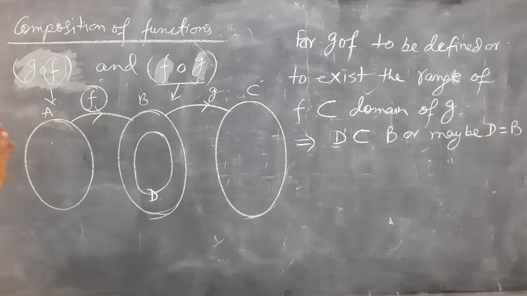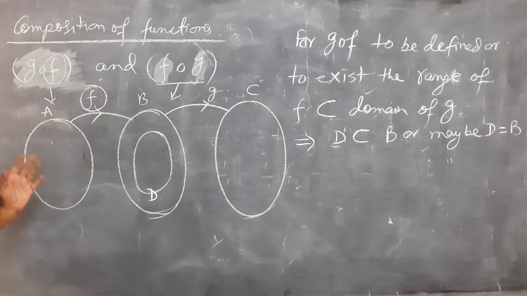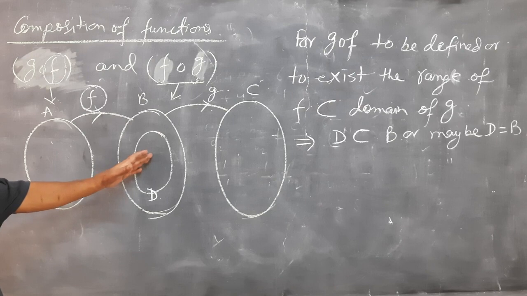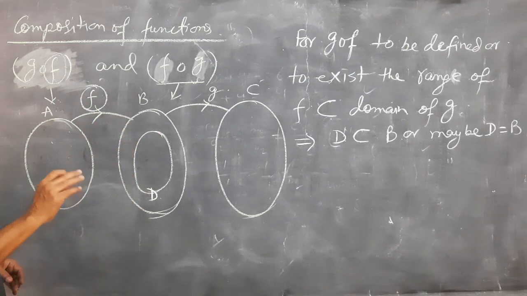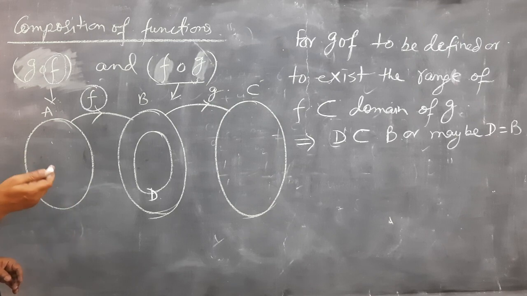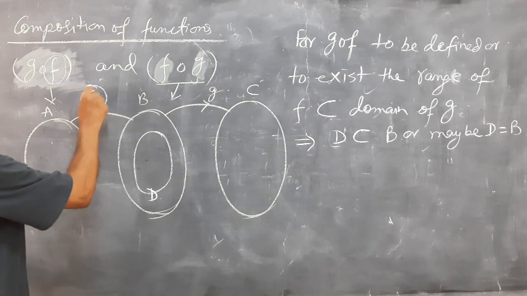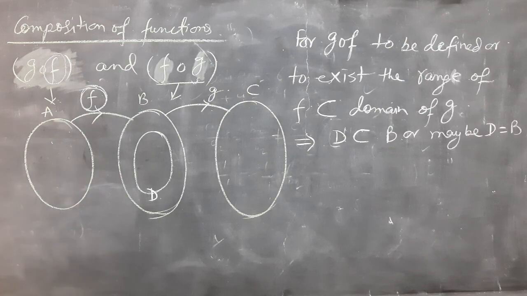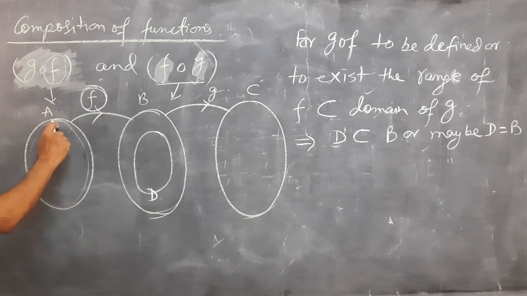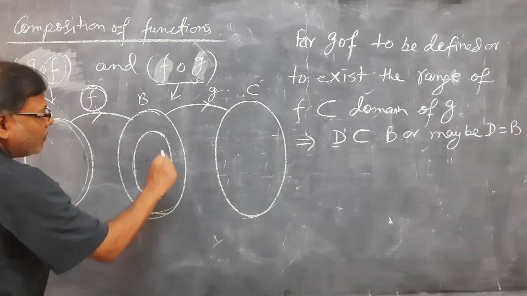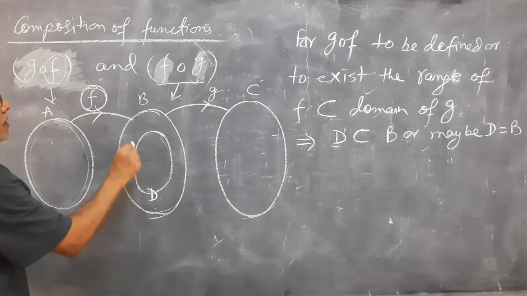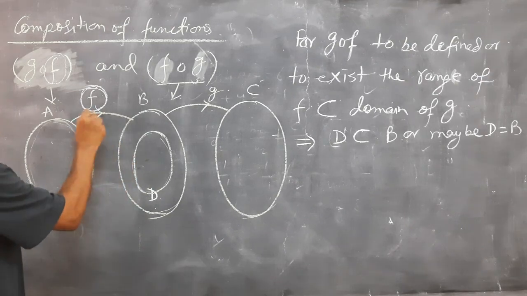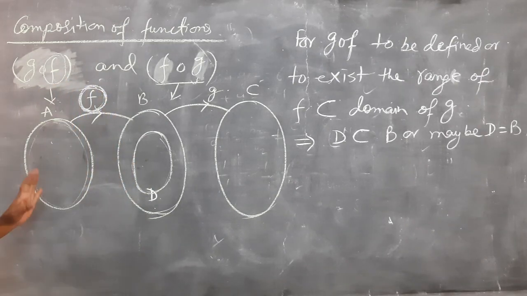Whatever images we are getting, as I have already told you in the class, will be the f(x), or we can call it the range of f. This one is the domain of f, and in this oval shape, what I have written as capital D is the range of the small f.